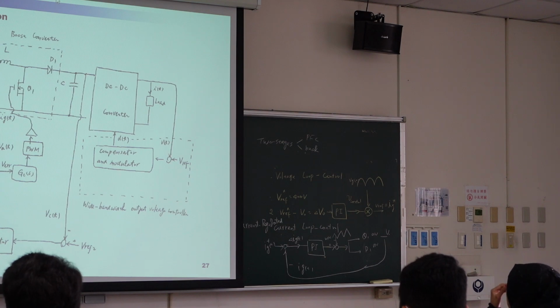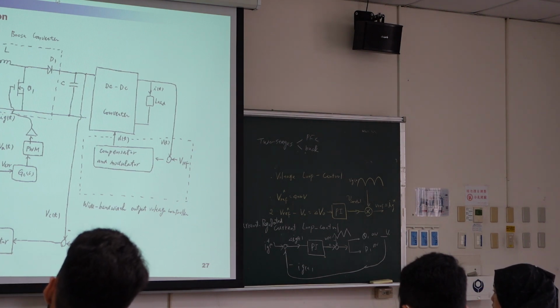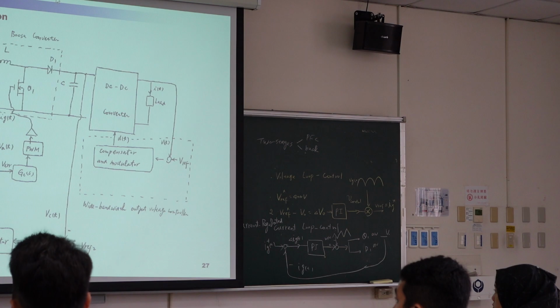But how many devices do you use extra compared to the traditional one? What is the traditional one? We have rectifier. We have AC input. We have rectifier. Then we have huge capacitor, right?